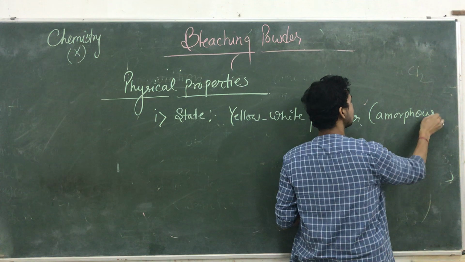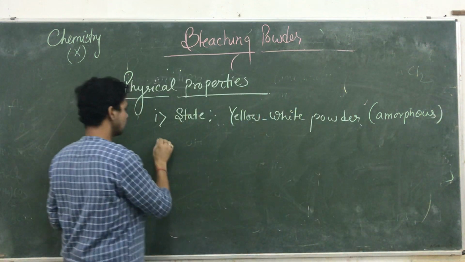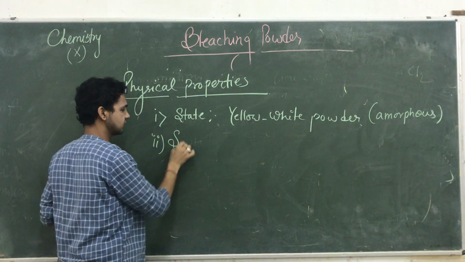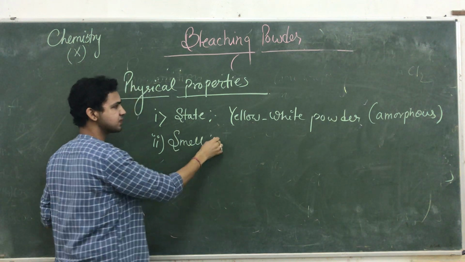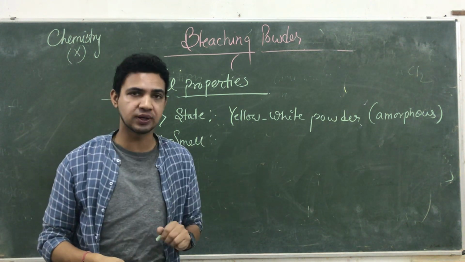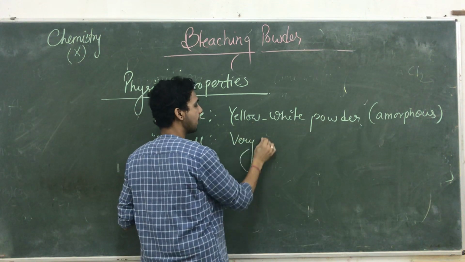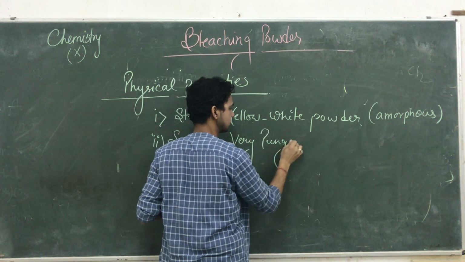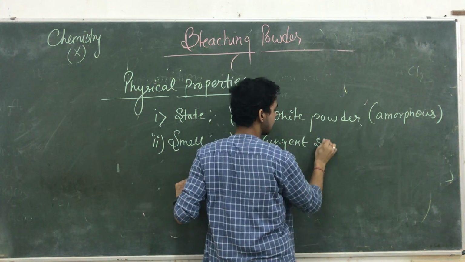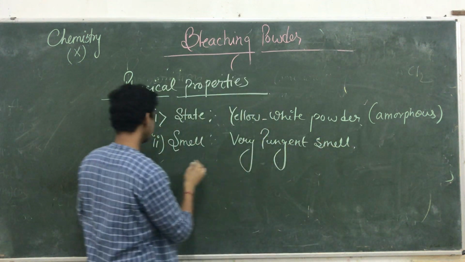Amorphous state, a yellow white colored amorphous compound. Second, smell. Due to the presence of chlorine in bleaching powder, its smell is very pungent. Very pungent smell.